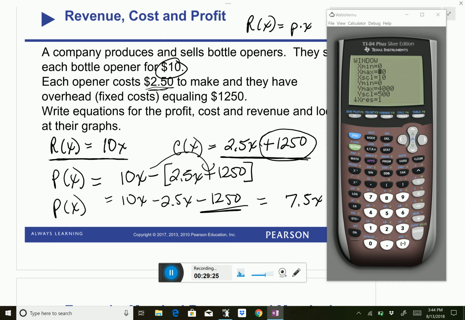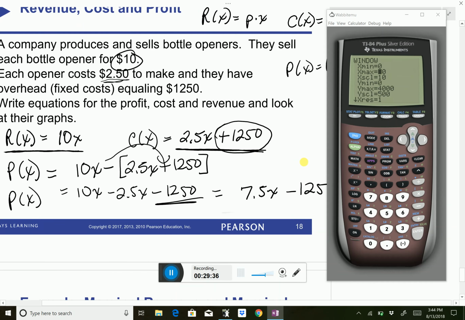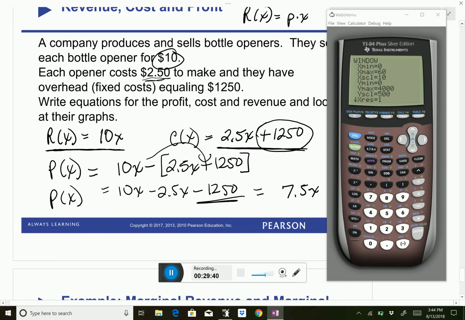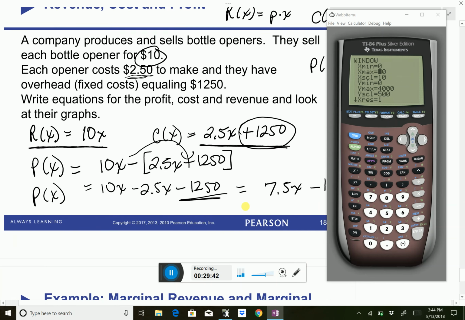Well, let's see. 1250 divided by 25 would be 50. So that's going to be like 500. And then this one down here is going to be negative. So it doesn't even matter where X is there because that's going to be negative.